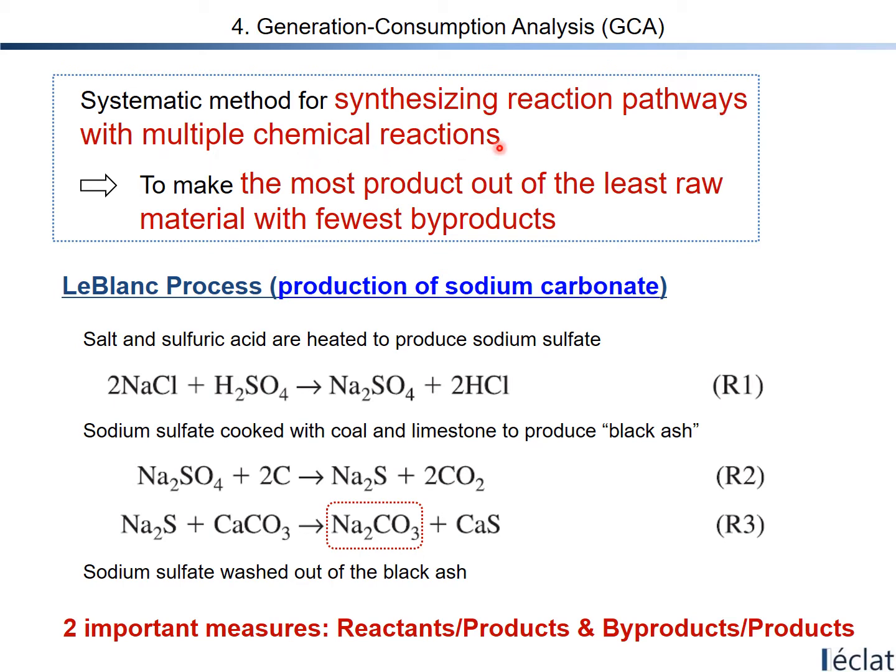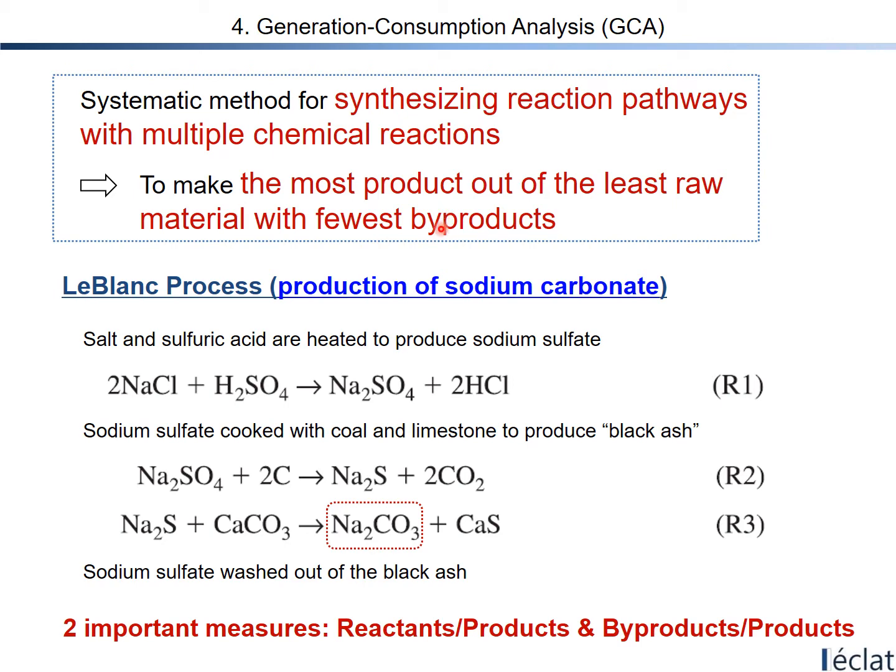What is the target of GCA? It is to make the most product. This is the first requirement. And out of the least raw material, this is the second requirement, with fewest byproducts. This is the third requirement for the target.